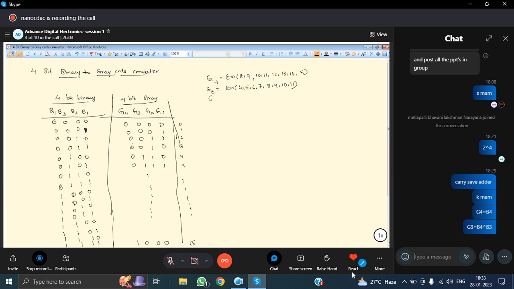G2 is equal to sigma m of 2, 3, 4, 5, 10, 11, 12 and 13. Similarly G1, the min terms for G1 are sigma m of 1, 2, 5, 6, 9, 10, 13 and 14. These are the min terms.